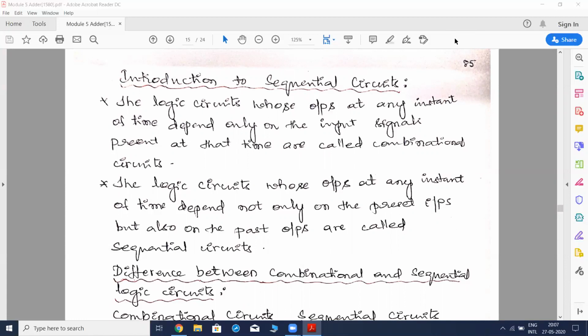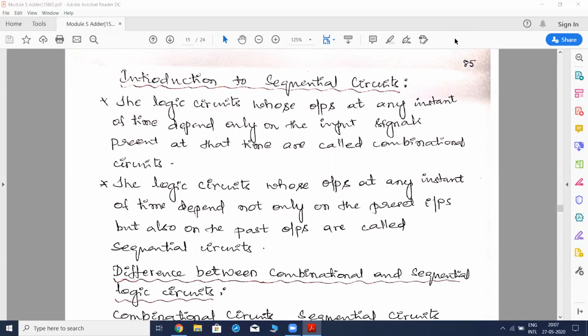A combinational circuit is a logic circuit whose output at any given instant of time depends only on the input signals present at that time. Such circuits are called combinational circuits.